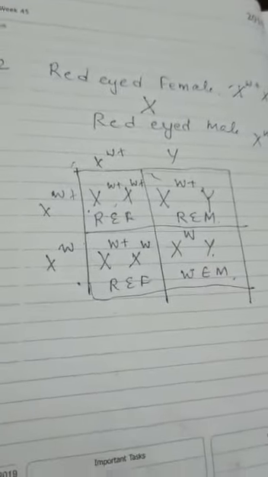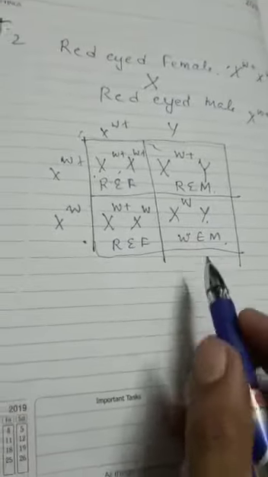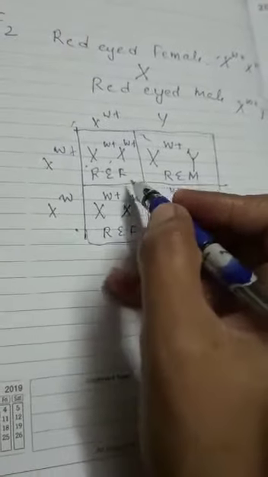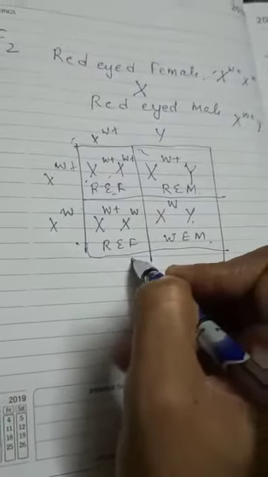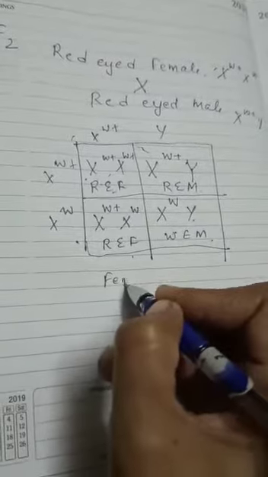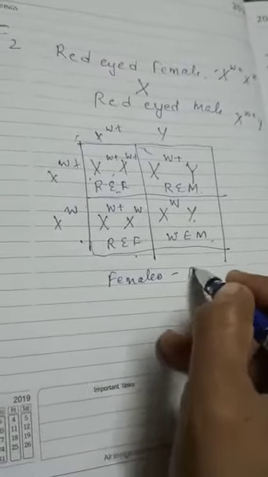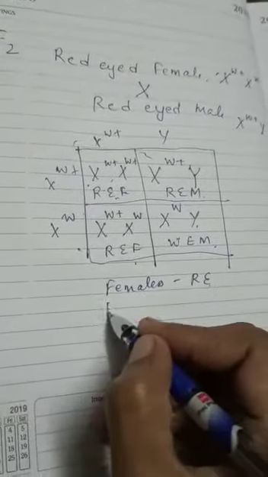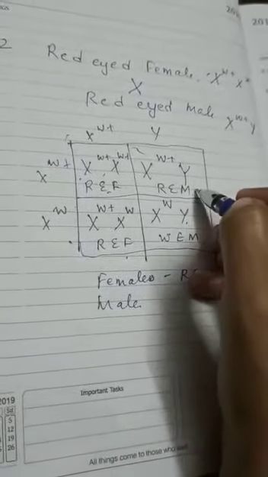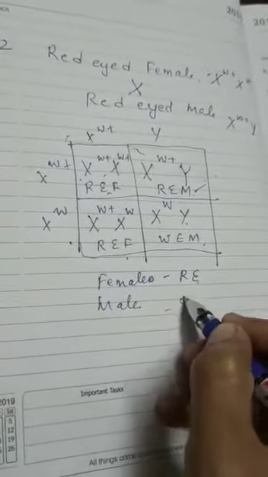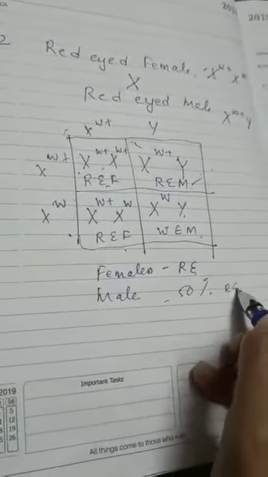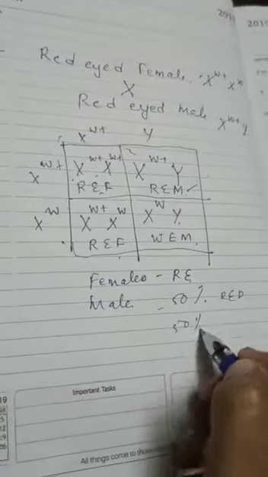Okay, so here it was observed that all females are red-eyed, whereas among males, 50% are red-eyed and 50% are white-eyed.